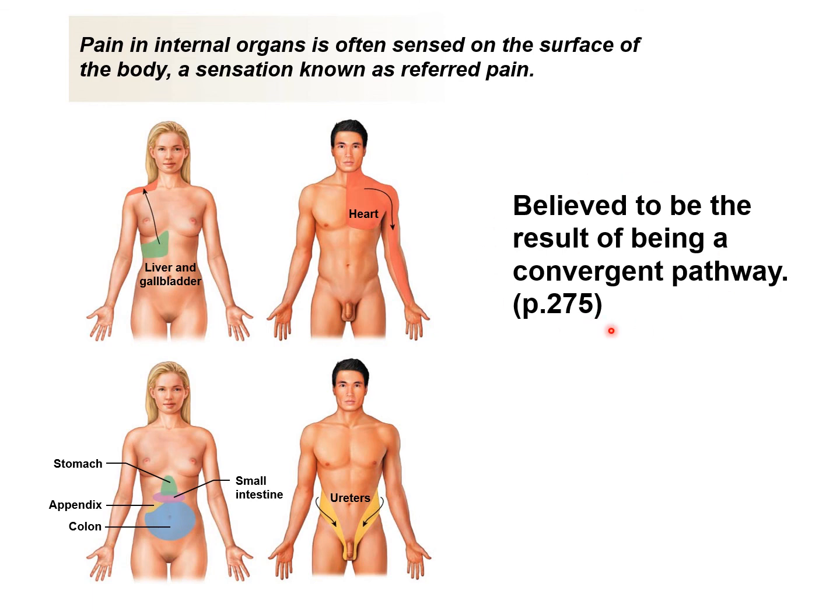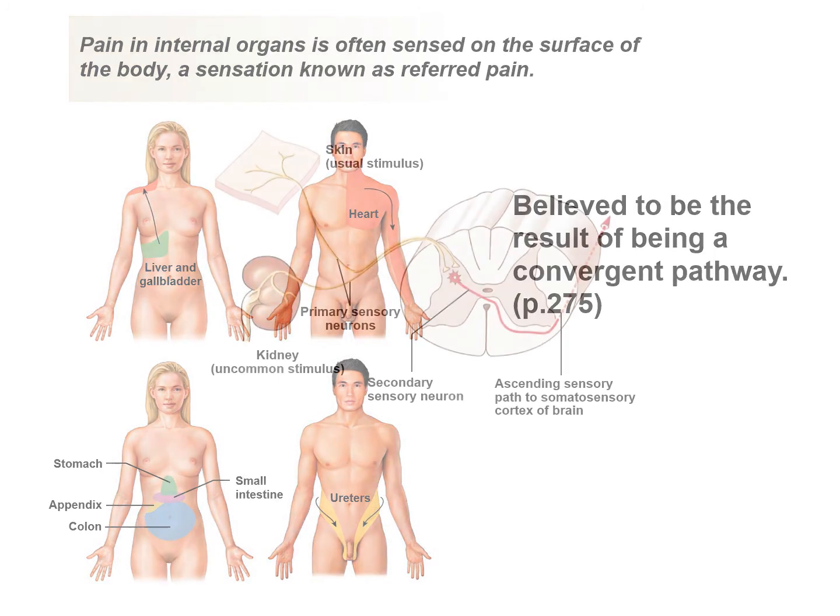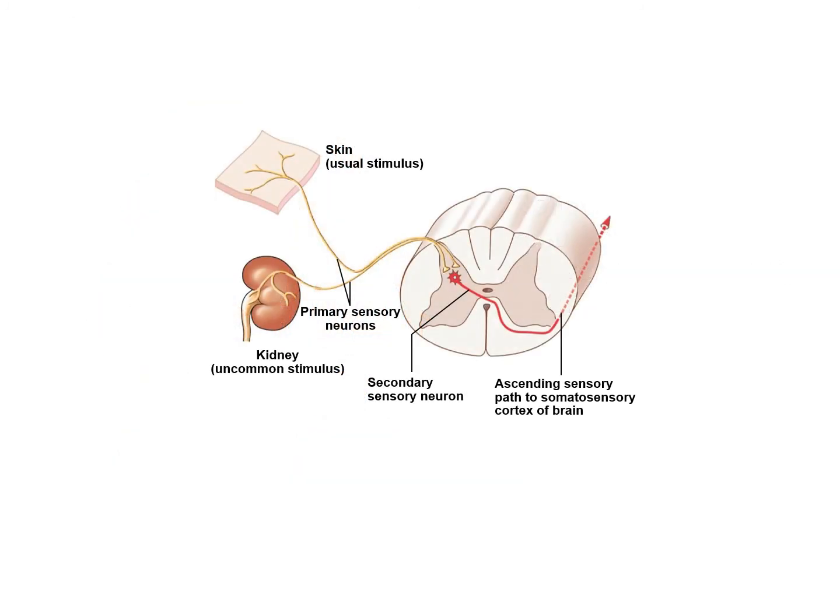It is believed to be the result of a convergent pathway of these neural fibers. You have lots of individual fibers converging into secondary and tertiary pain fibers going to the central nervous system. Page 275 for you. Here's an image of that neural architecture showing that we have primary sensory neurons. These are the primary nociceptors. They are both synapsing with a common secondary sensory neuron.